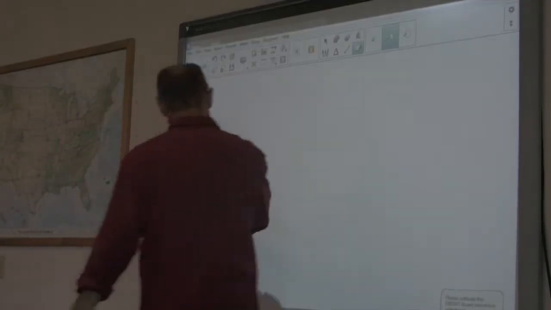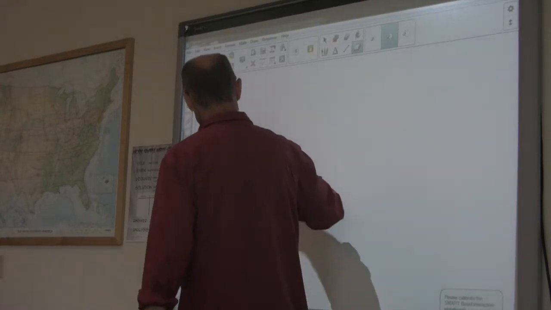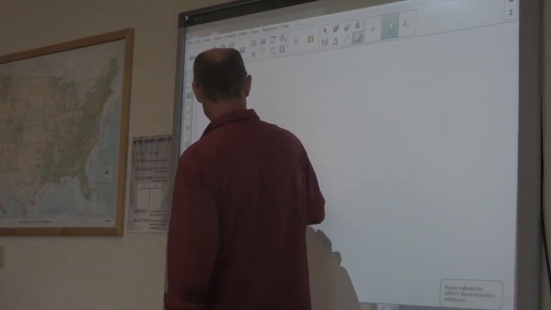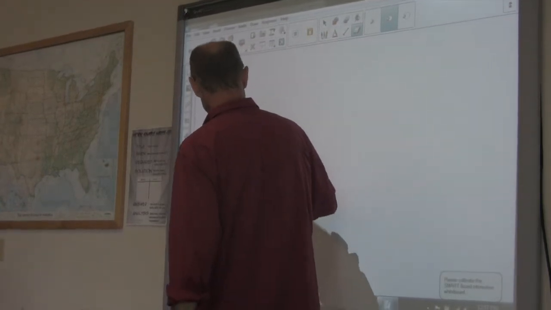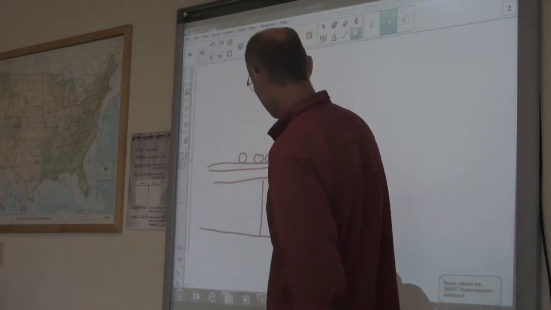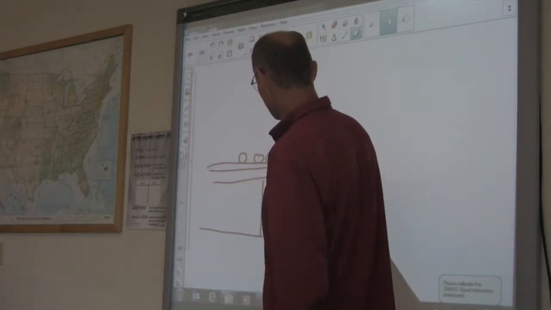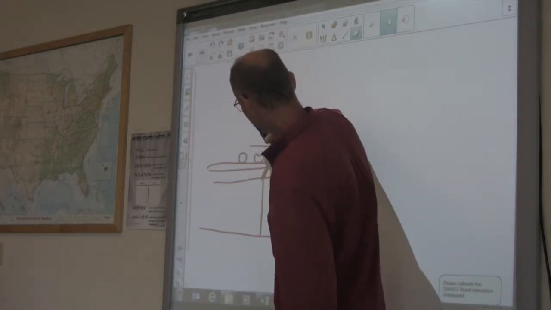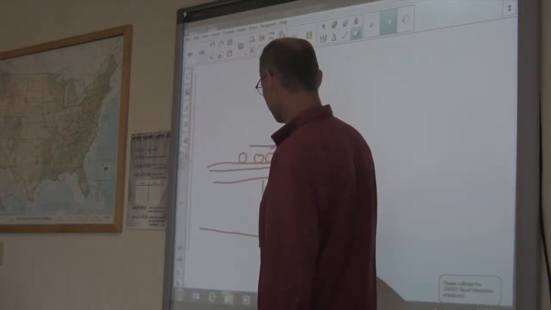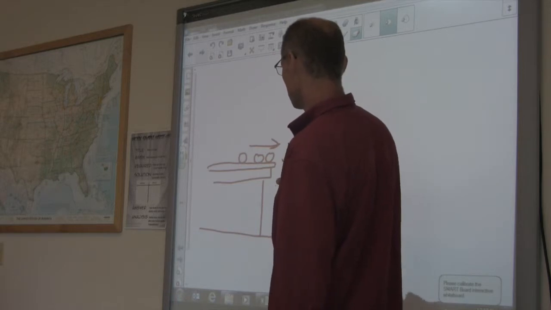The second piece of the puzzle is if you have a table that looks like this, and you have a ball that is rolling along here, eventually it's going to leave the table. And if it has a certain velocity this way, if you were just to drop it, it would fall at a very prescribed rate.